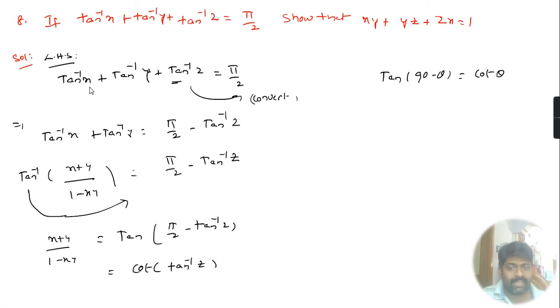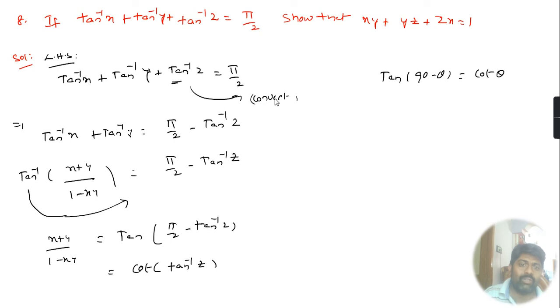Here, what is the question? The question is, if tan inverse x plus tan inverse y plus tan inverse z is equal to pi by 2, then prove that xy plus yz plus zx is equal to 1. We know only one formula, that is for tan inverse x plus tan inverse y. But here we have three terms, tan inverse x plus tan inverse y plus tan inverse z.